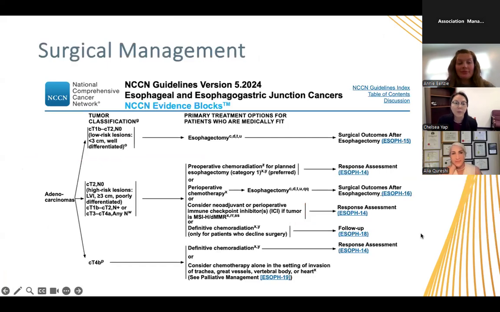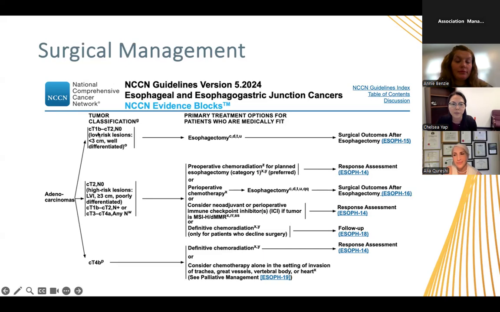And then for surgical management, the NCCN guidelines have good evidence blocks and flow sheets for the next steps in any cancer. Here for the adenocarcinomas, it breaks it up into T1B and T2 low-risk lesions. However, we're finding more across the board in practice that any T2 lesion, whether low risk or well differentiated, goes into the second category of patients undergoing preoperative chemoradiation therapy.